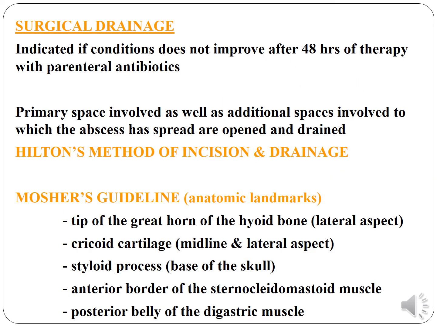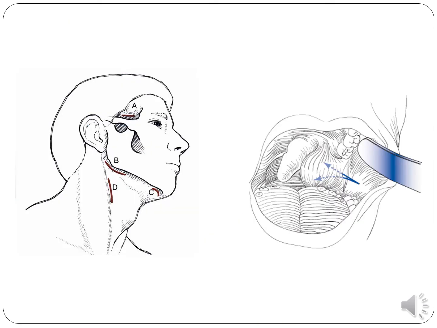Surgical drainage is indicated if conditions do not improve after 48 hours of therapy with parenteral antibiotics. The primary space involved, as well as any additional space to which the abscess has spread, should be opened and drained. This represents A, B, C. A is for the temporal space, B is for the submandibular, and C for the submental.